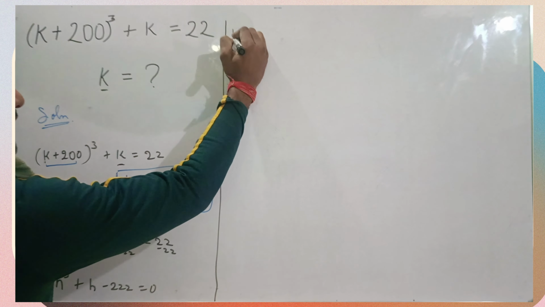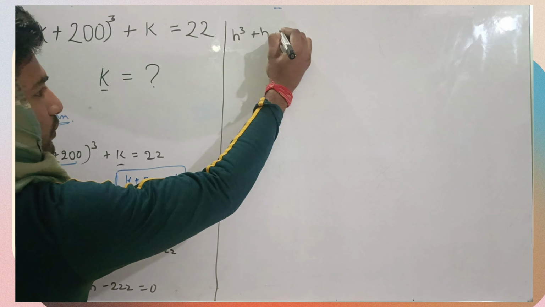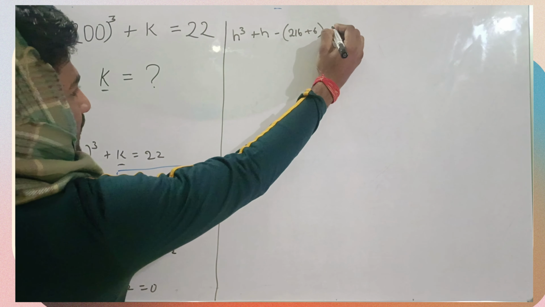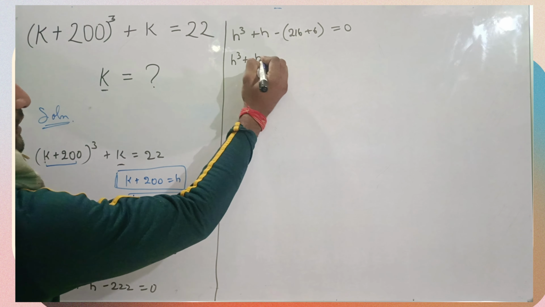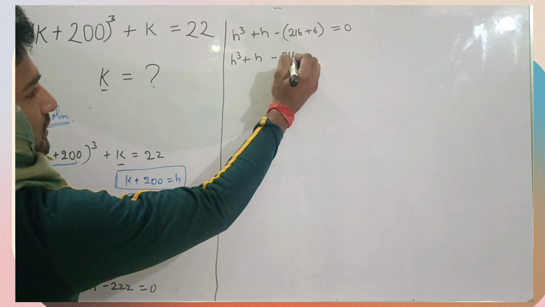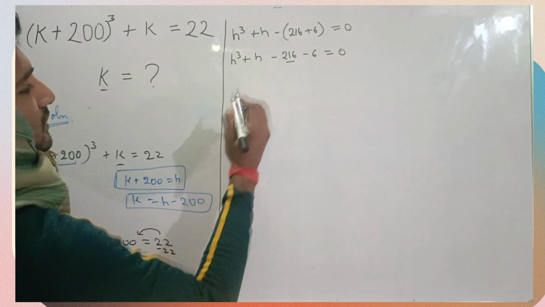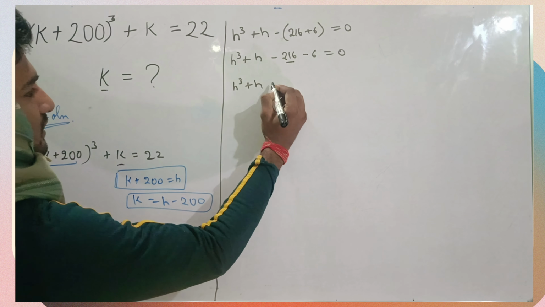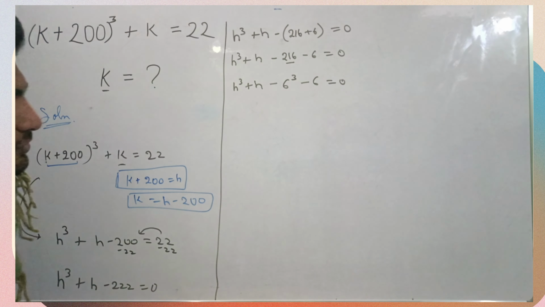So h cubed plus h minus 222 can be written as h cubed plus h minus 216 minus 6 is equal to 0. Now 216 is the same as 6 cubed, so h cubed plus h minus 6 cubed minus 6 is equal to 0.